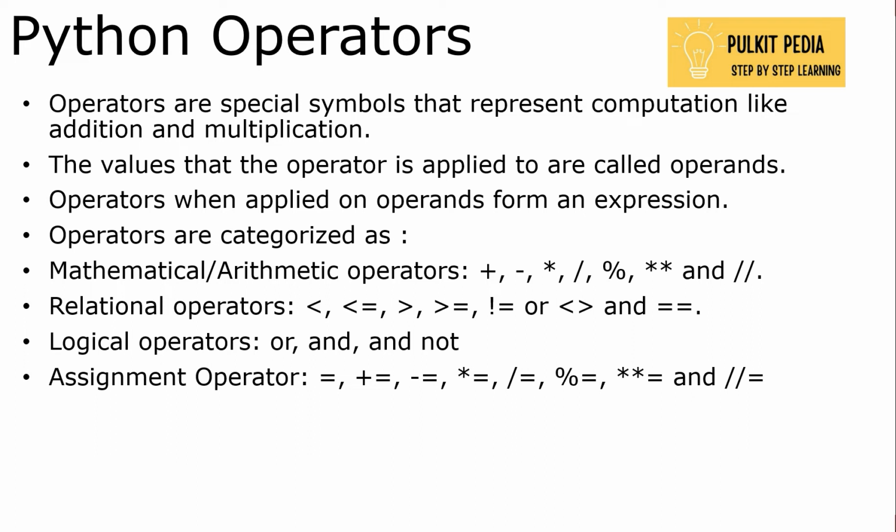This will be used for decision making or checking conditions. Logical operators are used when you are working with multiple conditions, and assignment operators are similar to arithmetic operators, but after doing an operation they assign a value. Let's move to some examples to understand it more in the Spyder IDE.